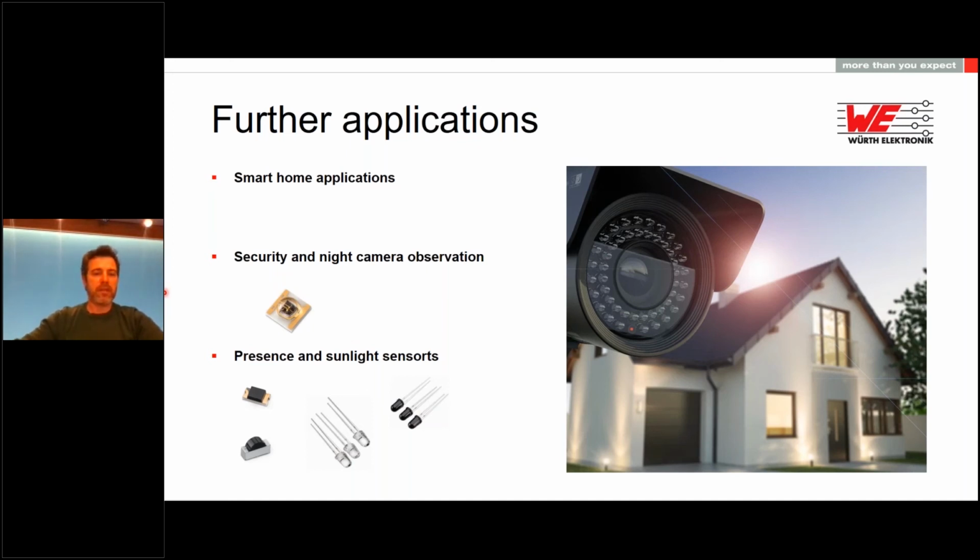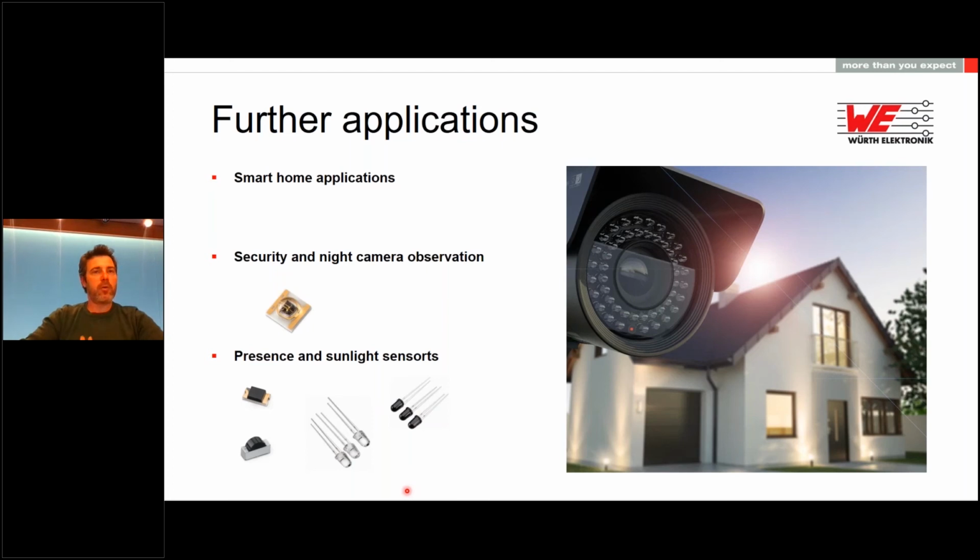But nevertheless, we can also use a lot of different types of detectors in our house for presence and sunlight detection, where we can decrease the energy consumption and have different turn on and off times of the LEDs, or use sunlight more effectively in our house by putting the shades up and down when sunlight is directly detected.